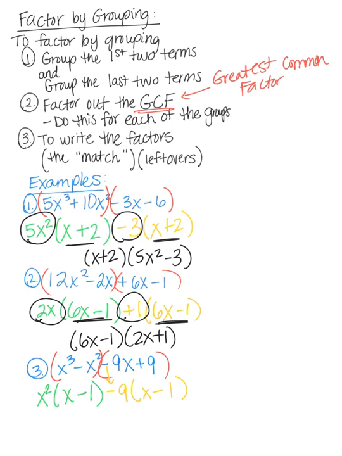Okay. So let's say for a second that I just kind of forgot what was going on, and I accidentally had this as a 9, and then it would leave me with a negative x plus a 1. And I'm like, wait a second, they don't match. Oh, yeah, because I was supposed to bring out a negative.